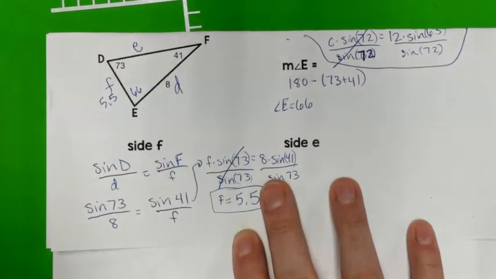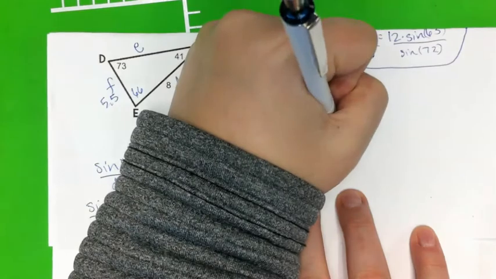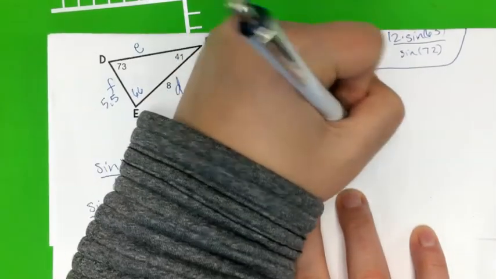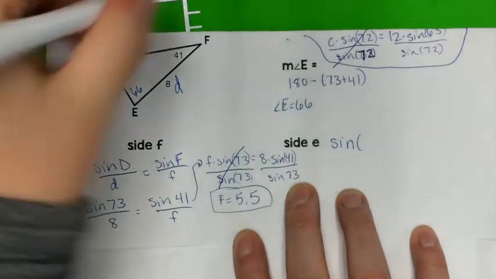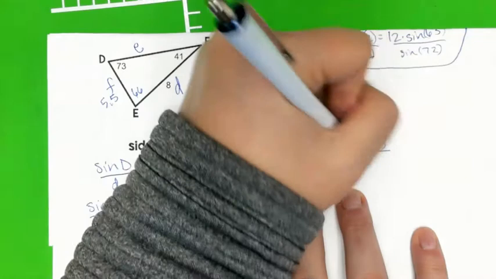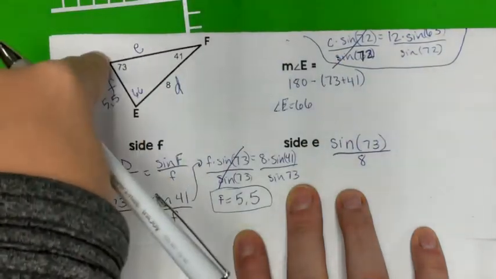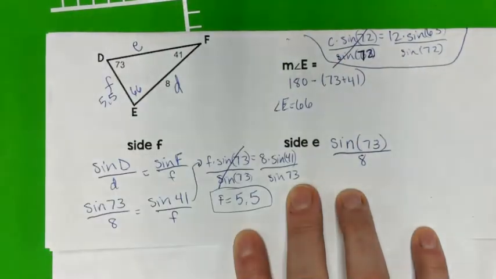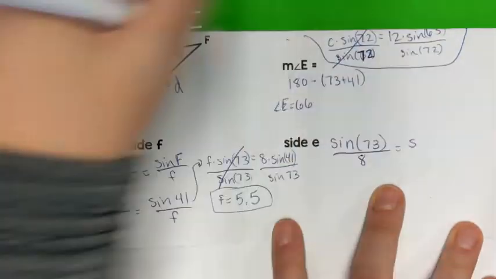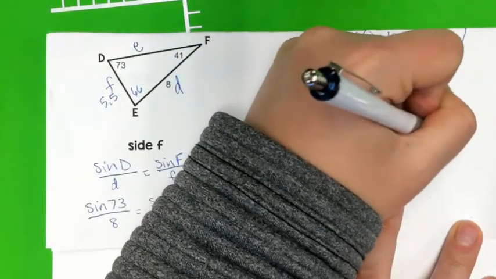I'm going to use D again. And so sine of D, 73 over 8. So I'm using my D's again, because that's what we have, and it's not decimals. And then my E that I'm looking for is 66.